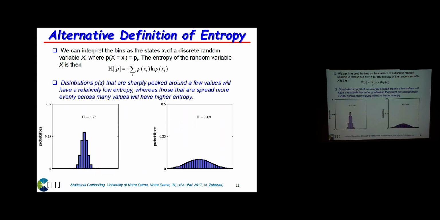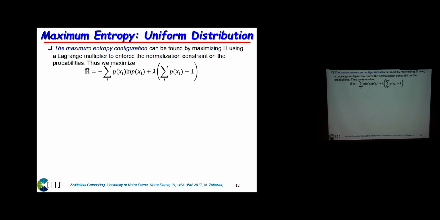Okay. So two examples. A distribution that looks peaked has lower entropy. Obviously, something that is widespread and more uniform has higher entropy. We discussed the maximum entropy for a discrete distribution, and I'm going to give you later a very nice, cute proof that the uniform distribution has the maximum entropy.